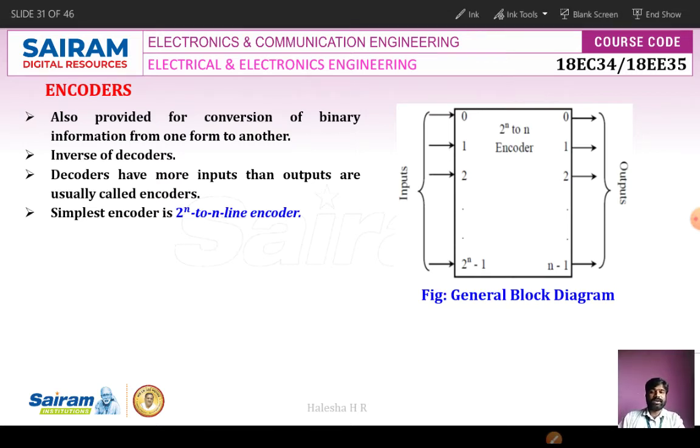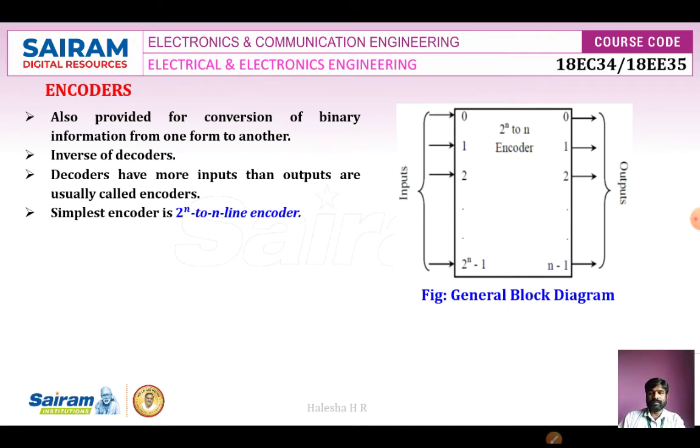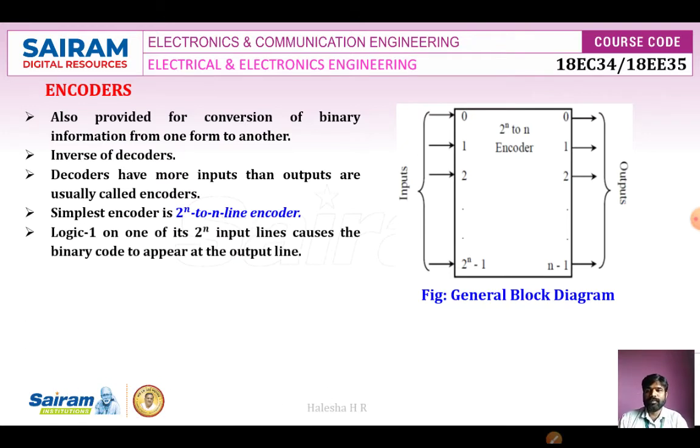This is the general block diagram. Logic 1 on one of its 2 to the power n input lines causes a binary code to appear at the output lines.